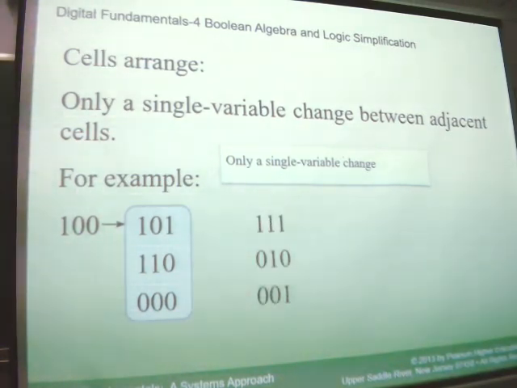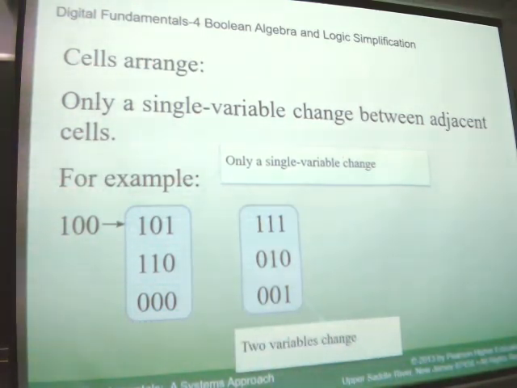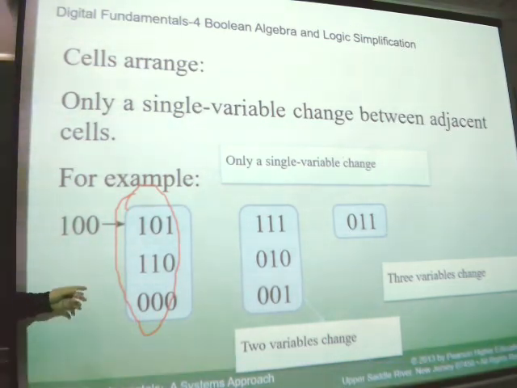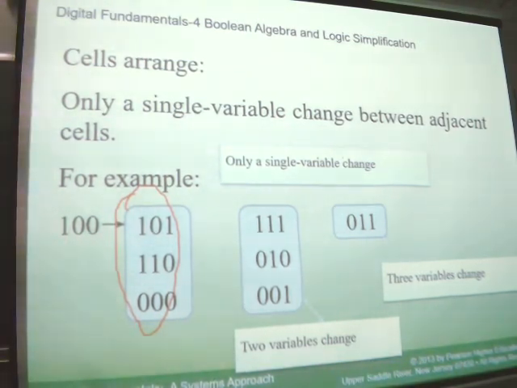For 1, 0, 1 and 0, 0, 0, 1, two variables change. For 0, 1, 1, three variables change. So only the first three cells are adjacent to this cell.